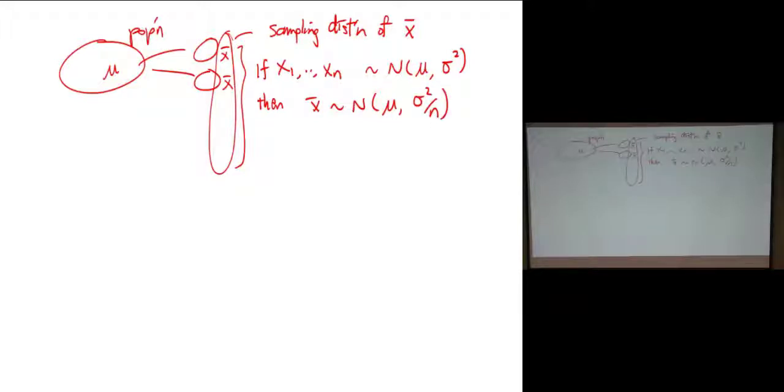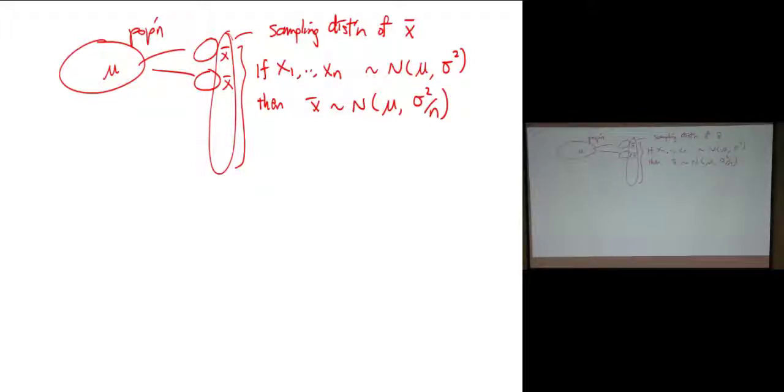All right. So we know that if the random sample x1, ..., xn, each of which follows a normal distribution with mean mu and sigma square as the variance, then the sample mean will follow a normal distribution with mean mu and variance sigma square over n.